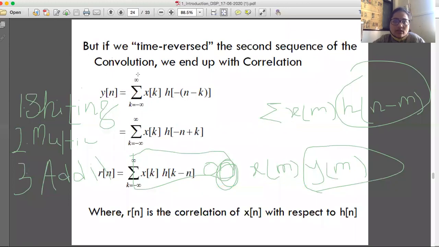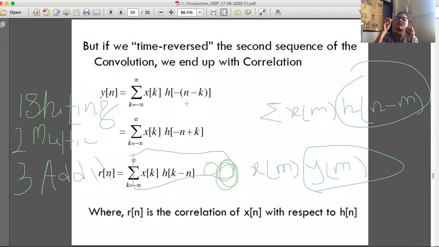The next point: if the time of the second sequence of the convolution is reversed, we end up with the correlation. If I reverse the folded sequence once again, it regains its originality. If I fold the sequence and then fold it again, it naturally regains the original, and whatever operation we are performing then will be a correlation.